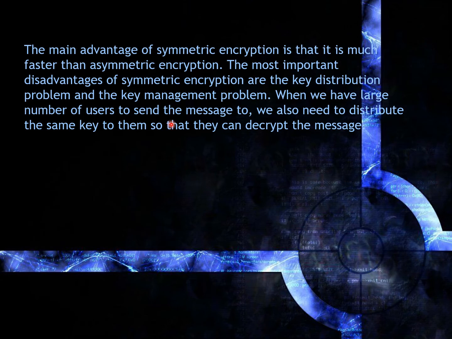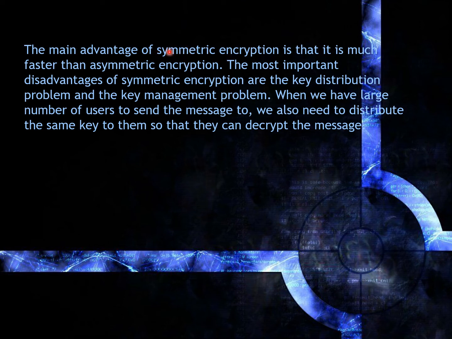As we say, the main advantage of symmetric encryption is that it's much faster than asymmetric encryption. So why do we use symmetric key? Because it is faster. Imagine we have a large amount of data to send over the wire. We need to encrypt it. Using asymmetric key will be a disadvantage because it is slow.